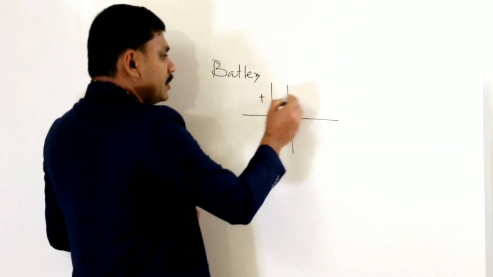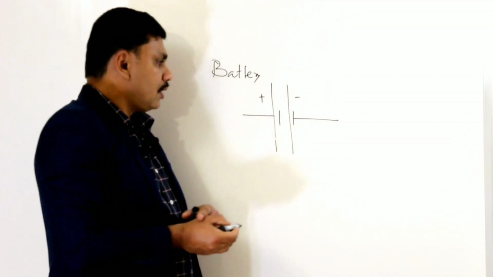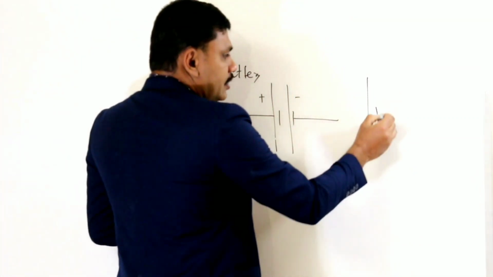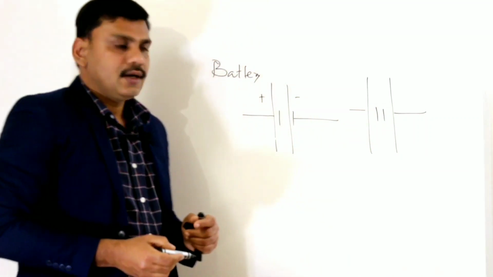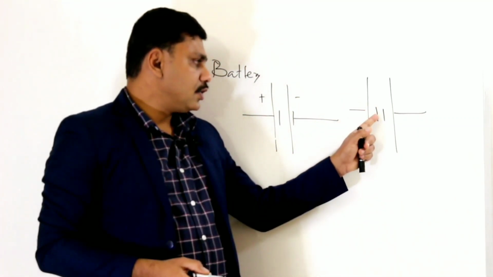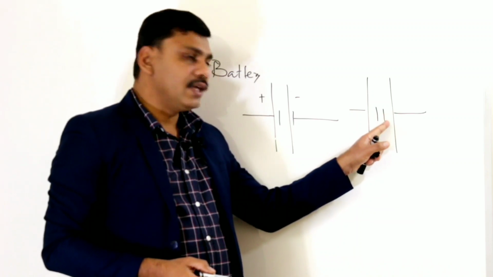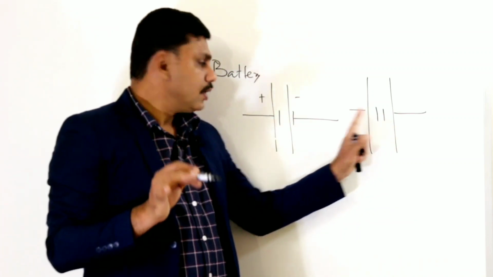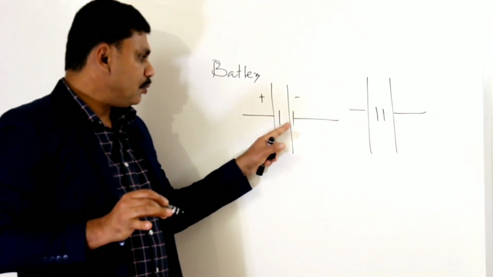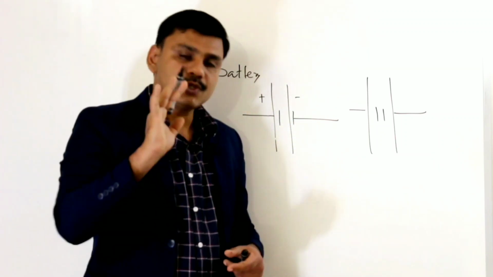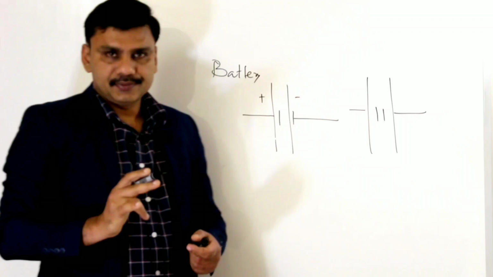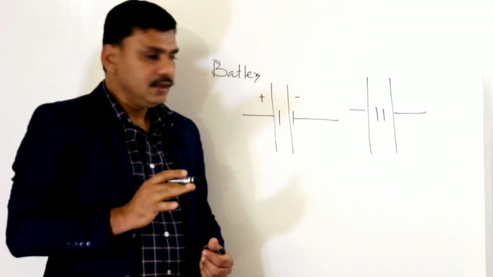This is plus, this is minus. If you connect like this, it is wrong. Here also there are two cells, but the negative of one cell is connected to the negative of the other cell. It is wrong. Positive, negative, positive, negative. That means the negative of a cell should connect to the positive of the next cell. That is the correct way of connection.